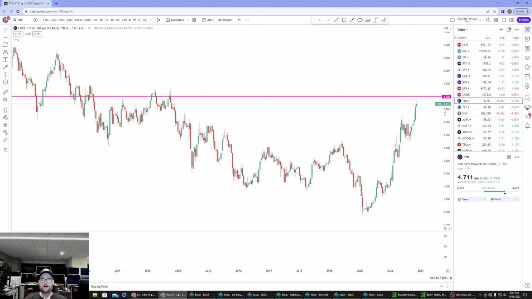Obviously, having higher yields puts the market at risk to a few things blowing up. In plain English, you have higher mortgage rates, you have higher credit card rates. Also, higher rates make the overall market, like the S&P 500, less appealing to invest in, right?